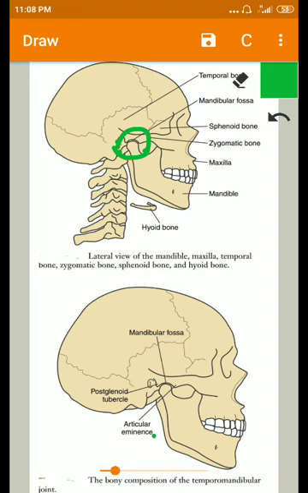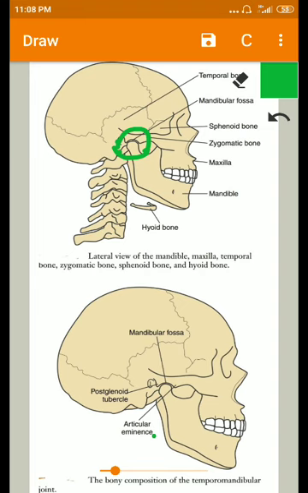Because of the presence of the articular disc, this temporomandibular joint is also called a bicondylar type of joint. You can understand that when we deal with the articular disc separately.